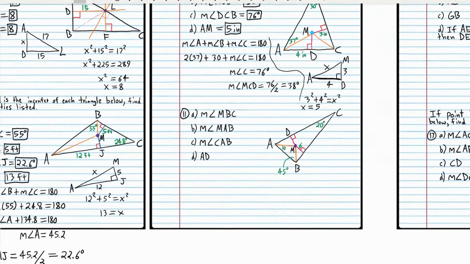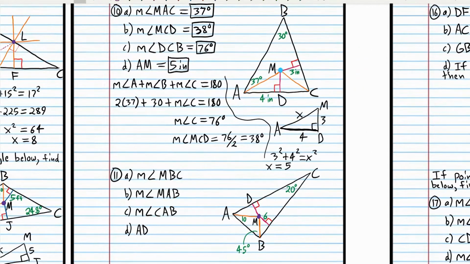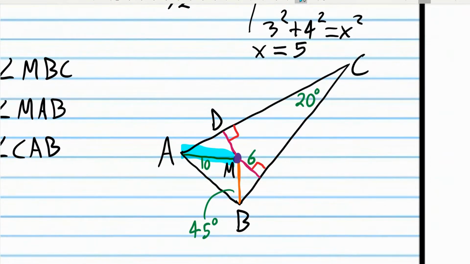So now try number 11, and I'll keep number 10 in the window there. Again, this problem is telling us that M is the incenter. And if M is the incenter, then that means that these orange segments are angle bisectors.